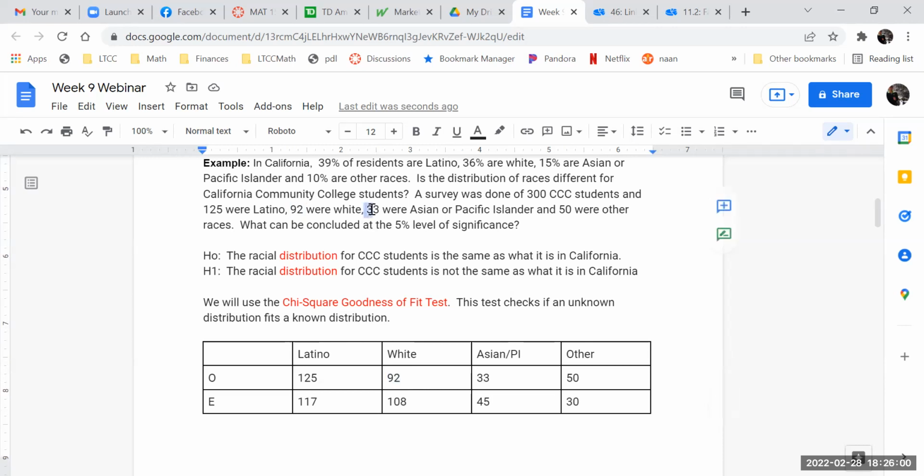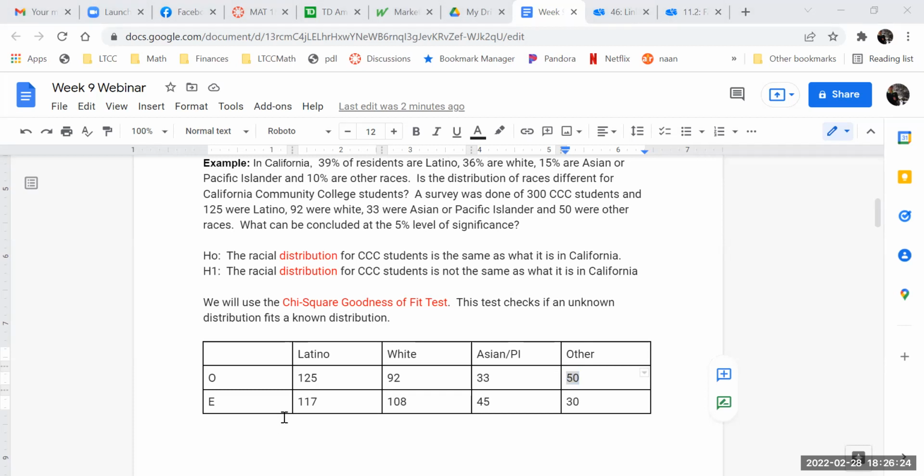I know that 33 were Asian or Pacific Islander, so Asian PI is 33. And then finally, I know 50 were of other races. So I put 50 for the other. Any questions on that?